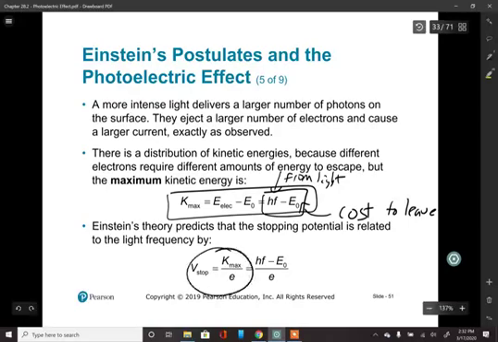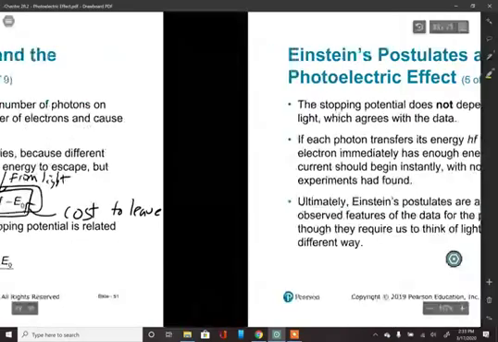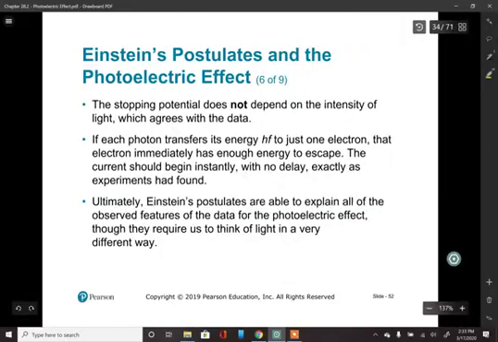And then this is the conversion between the kinetic energy you're given and the potential energy you need to go through to make it to the other side. And so you can see there's a relationship between V stop and the frequency, which again is not predictable without quantum mechanics. And it doesn't depend on the intensity.